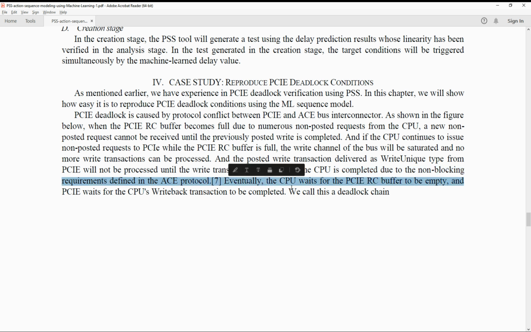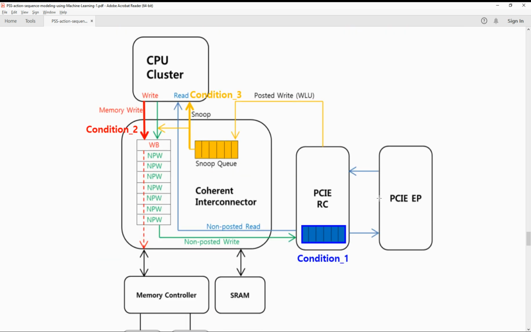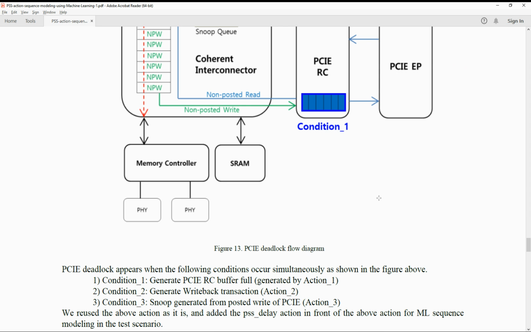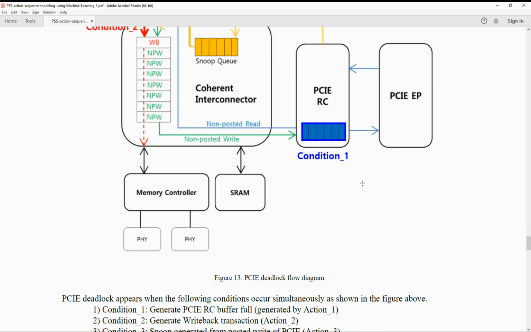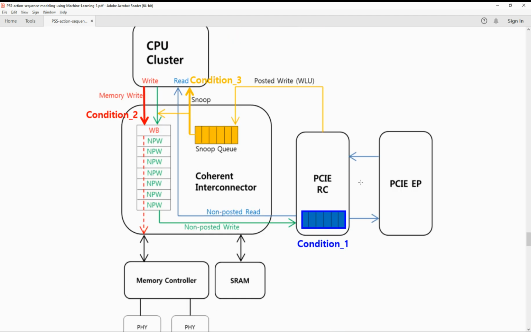Eventually, the CPU waits for the PCIe RC buffer to be empty and the PCIe waits for the CPU write-back transaction to be completed. We call this a deadlock chain.